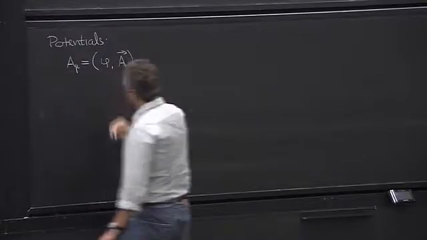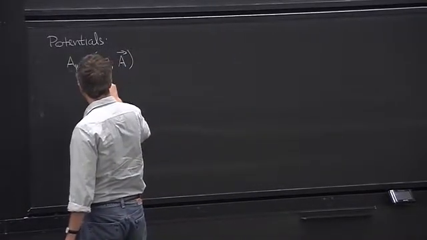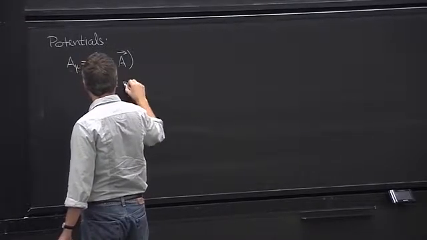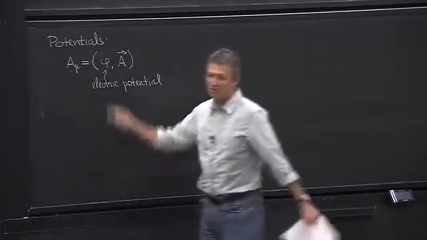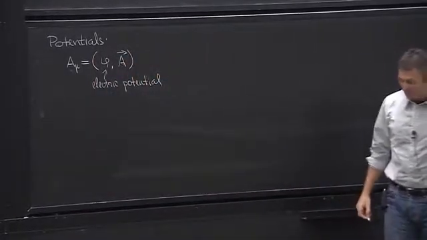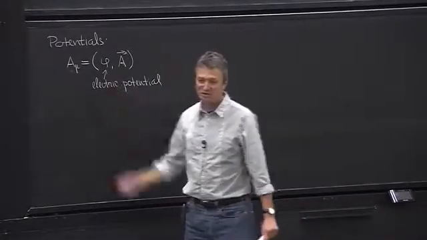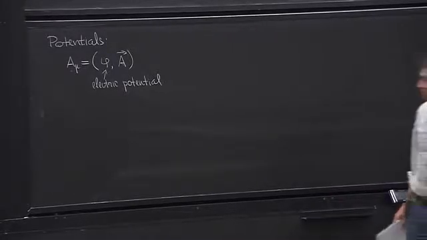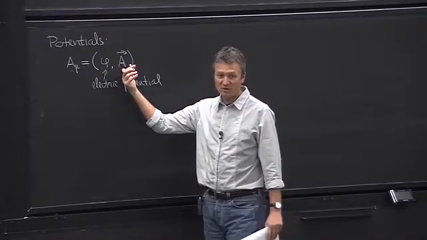Its zero component is the usual electric potential, which is just the usual potential that we have in an electric socket, and the spatial part is the potential that's responsible for the magnetic fields.